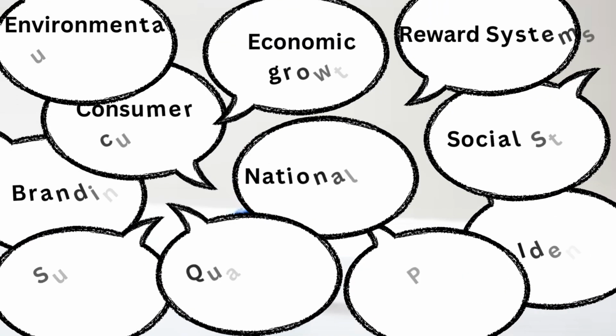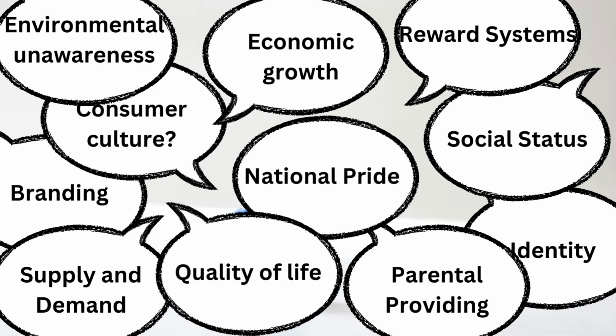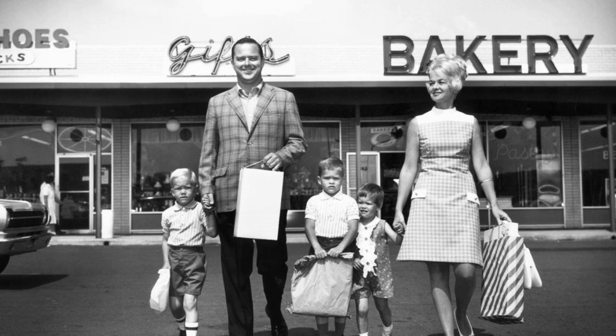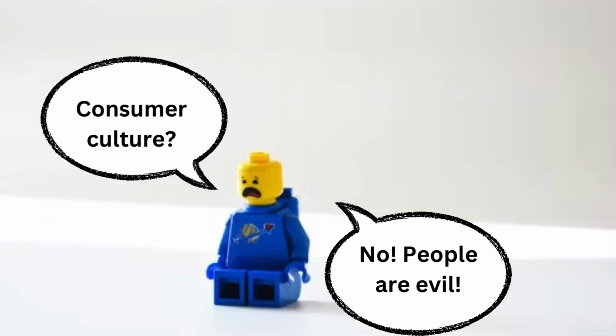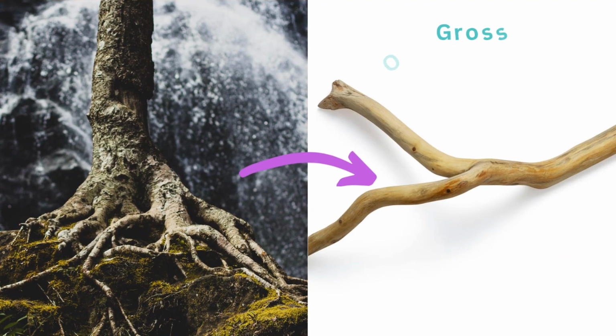Truly, we could write volumes discussing the massive number of interplaying factors and long standing causal chains that have led us to the modern consumer state. Simplifying this social norm by labeling people as neglectful, lazy, and morally corrupt is a gross oversimplification.